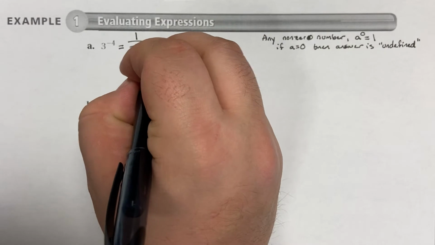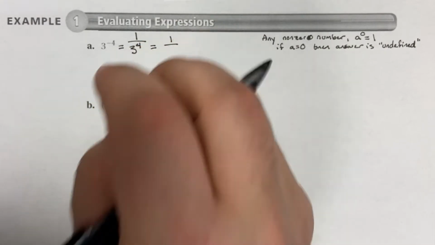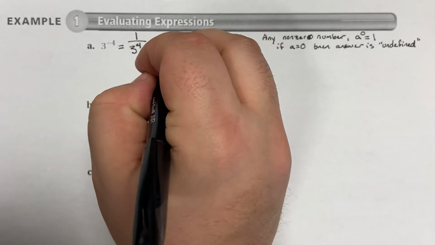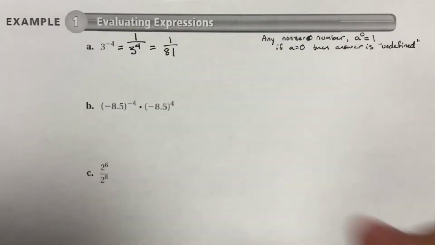We are going to solve this out and say that's the same thing as 3 times 3, which is 9, and 3 times 3, which is 9, and multiply that answer and get 81. Or another way to think about it is 3 times 3 is 9, times 3 is 27, times 3 is 81.